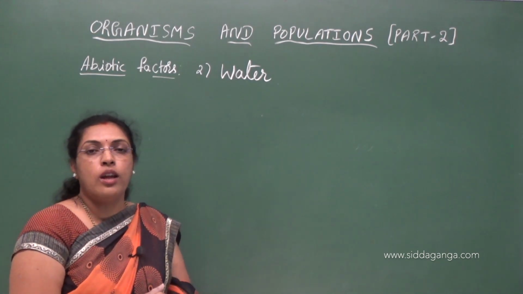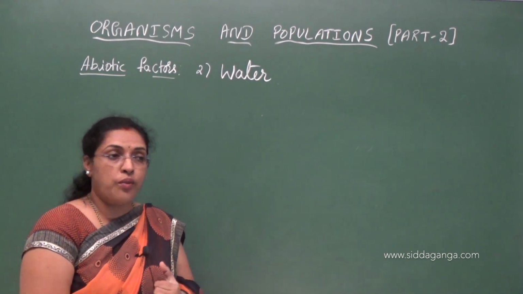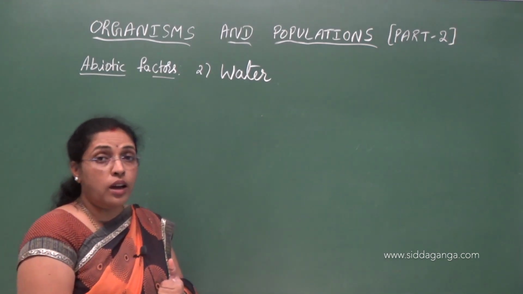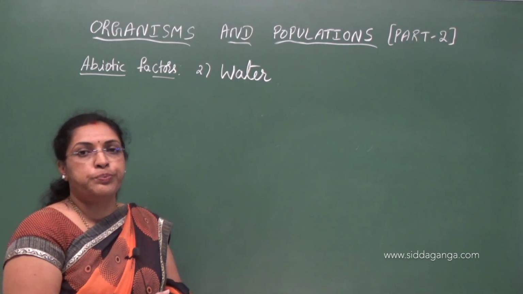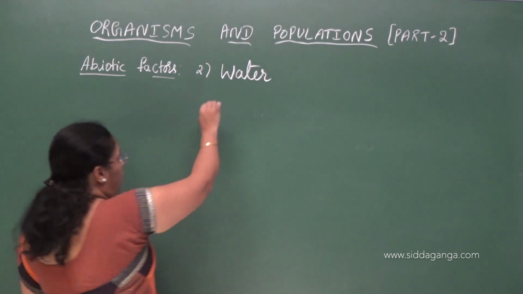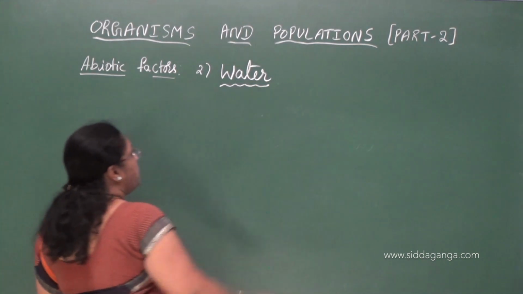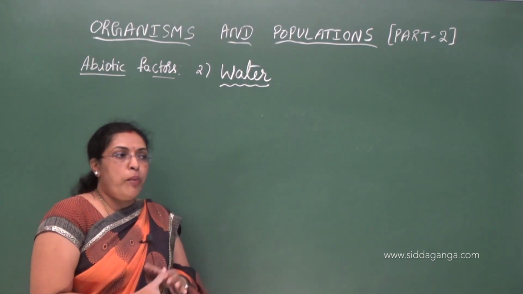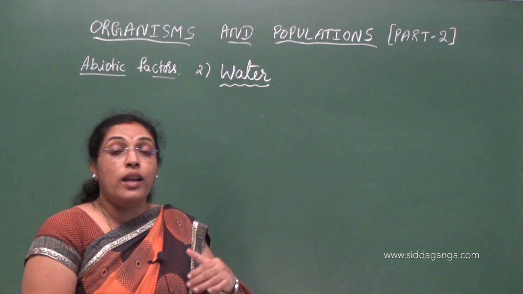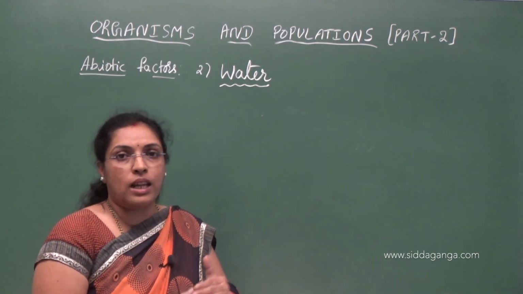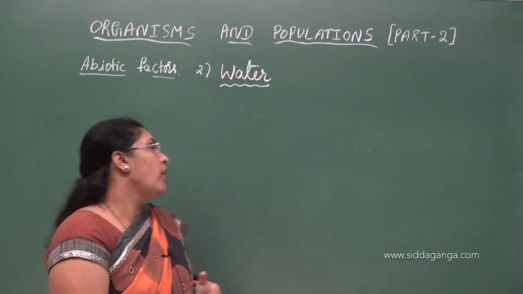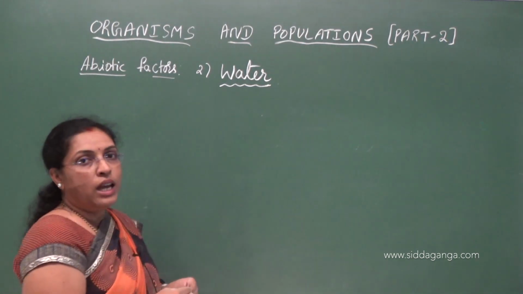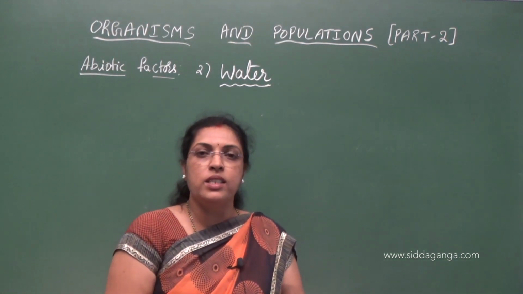Without water, life cannot survive on this earth. Water is very important for plants and animals. The productivity of plants mainly depends upon water, and animals depend on plants. Like this, they are all chain linked. The availability of water is less in desert areas.